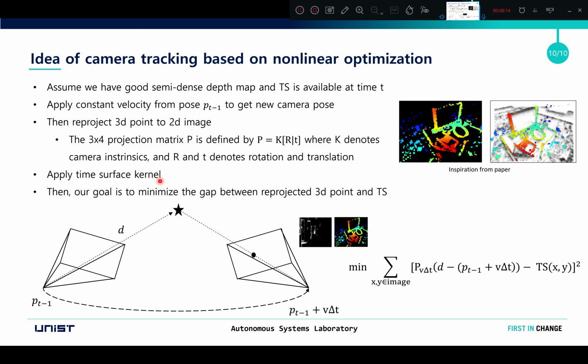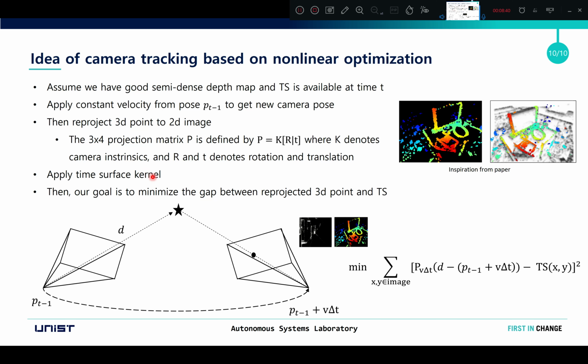Then my idea is to reproject this 3D point onto the 2D image. For the reprojection, the 3x4 projection matrix P is defined by P = K[R|T]. K is given from the camera calibration, and R and T can be calculated from v delta t.